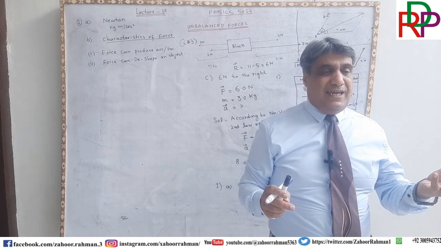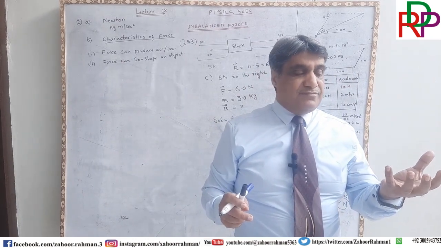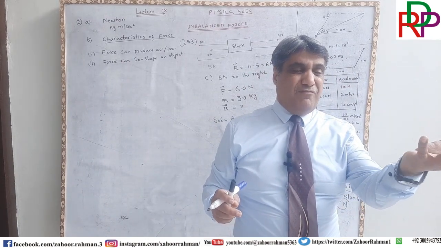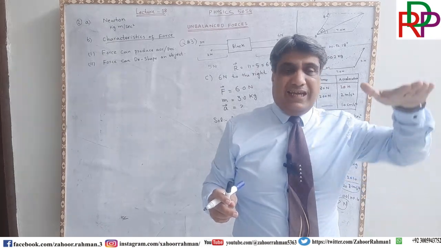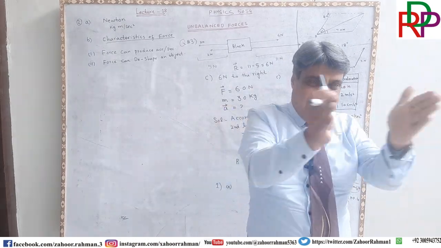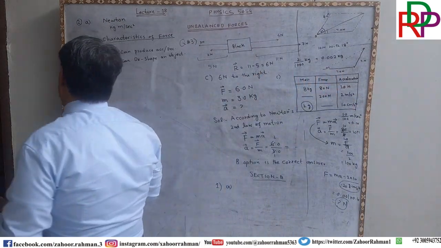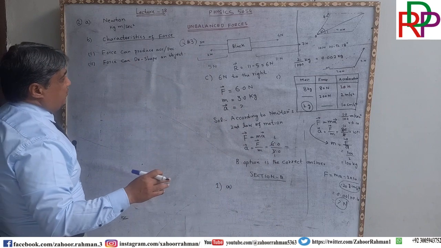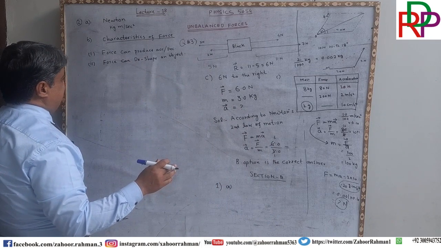For example, if I have a mud ball with me and I apply a force on it either this way or this way, the shape will be changed. It will change the shape of an object.